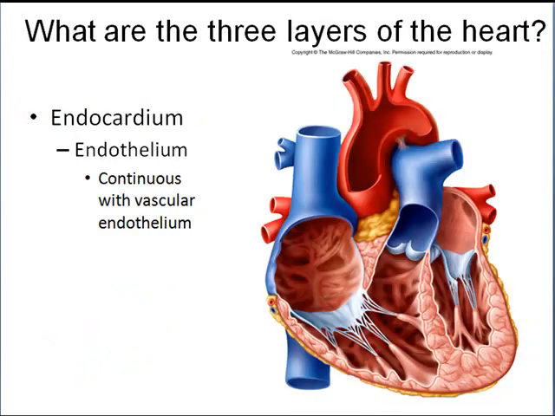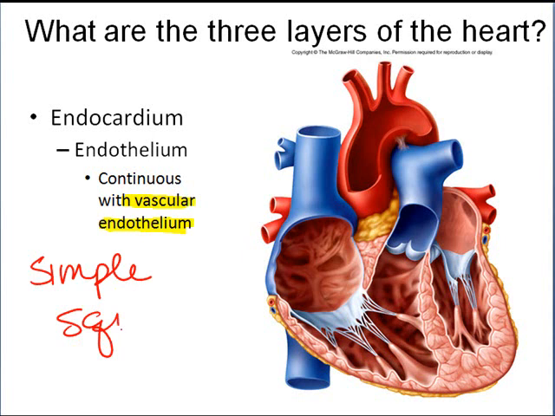Moving inward, the innermost layer of the heart is the endocardium. The endocardium is contiguous or continuous with the innermost layer of blood vessels, which is called the vascular endothelium. And both the endocardium and the vascular endothelium are made up of simple squamous epithelial tissue.